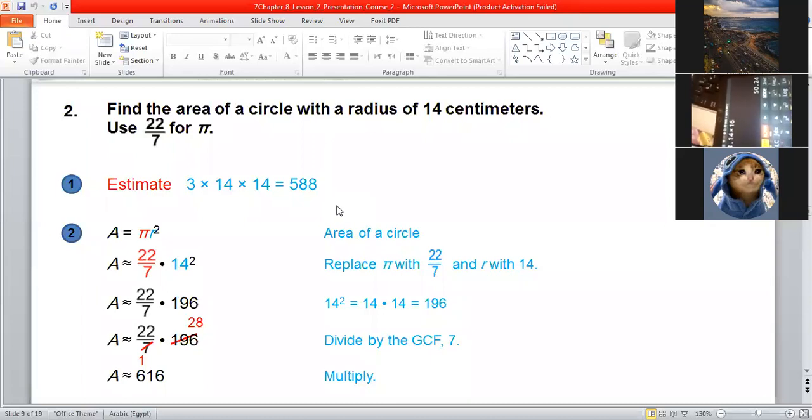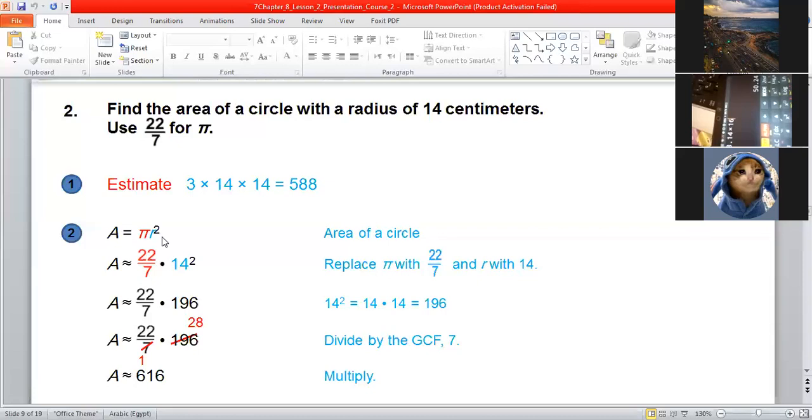We said that before, Muhammad. We have 2 values for pi. Maybe pi equals 22/7 like this example, or maybe it equals 3.14.